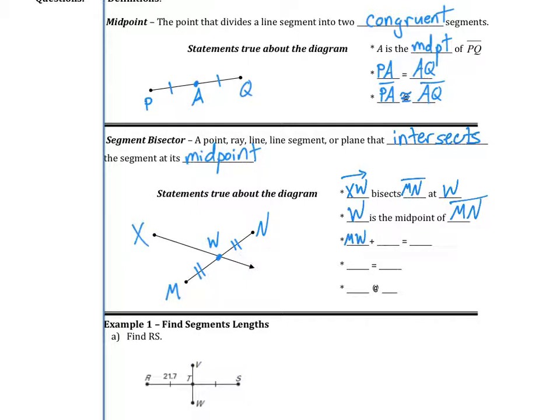The length from M to W plus the length from W to N is equal to the length from M to N. We could also say MW equals WN. And lastly, this should say congruent. Segment MW is congruent to segment WN. So segment bisector is using the midpoint.